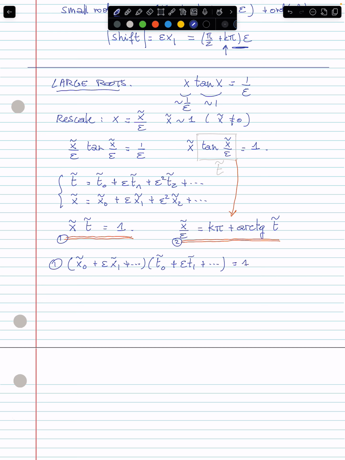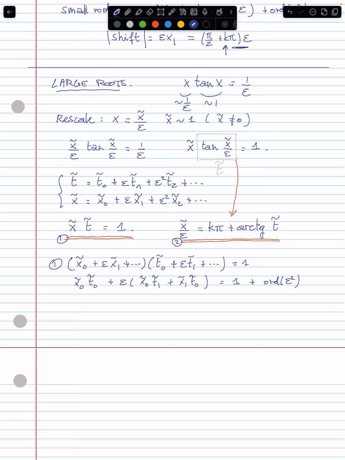So we have x0 tilde t0 tilde plus epsilon times x0 t1 plus x1 t0, and this is equal to 1 plus terms that are of order epsilon square.